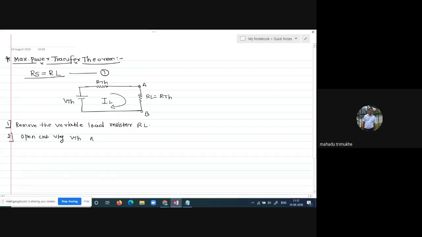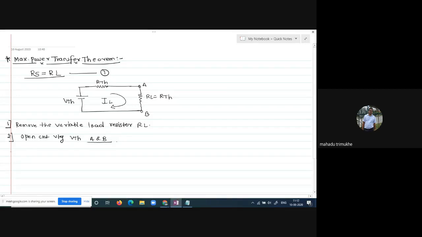Suppose at the open terminals we assume points A and B. We have to calculate the voltage across the open terminal points A and B. We have already calculated how to find VTH at the open circuit in Thevenin's theorem.